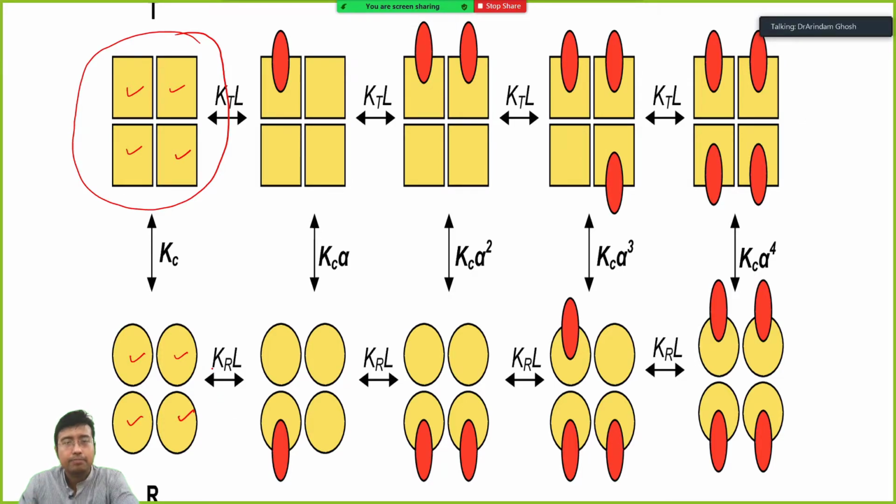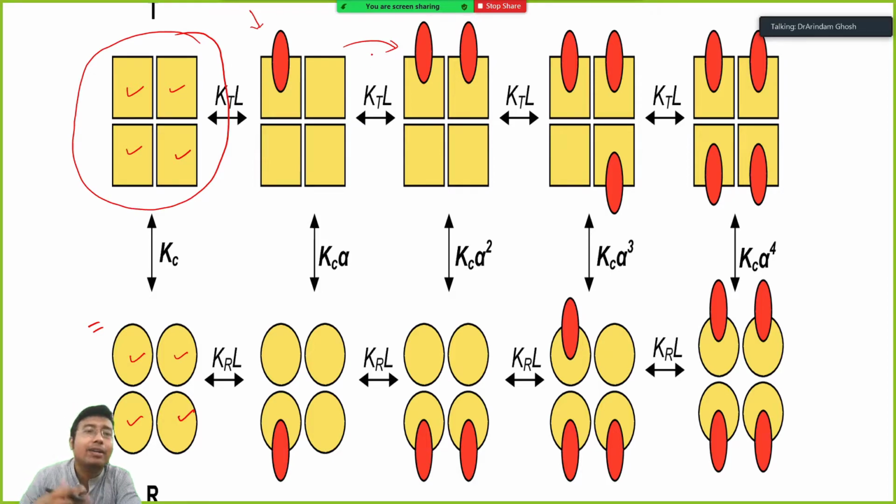Get my point? In their model of cooperativity, they proposed that these two exist together. When one oxygen binds, it influences the adjacent molecule.